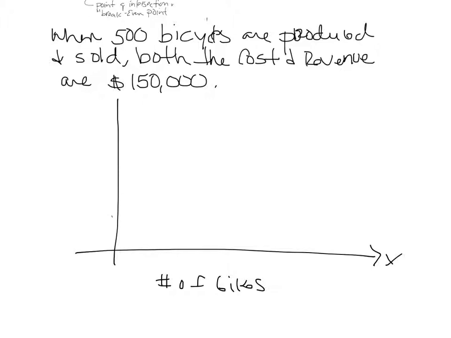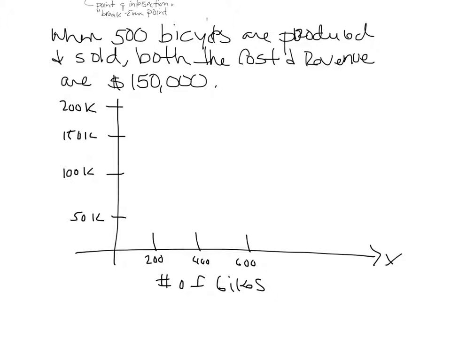So maybe I'll scale this at 50K, 100K, 150K, and maybe 200K. And for the bicycles, let's say this is 200 bikes, 400 bikes, 600 bikes. There's no graph paper, so it's a little bit tough. Maybe I'll do it on graph paper after this, but I just want you to see the picture here.